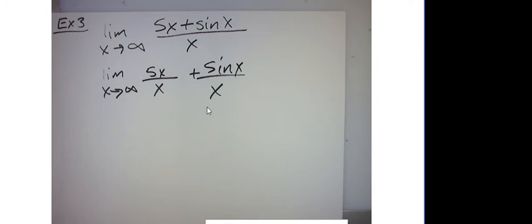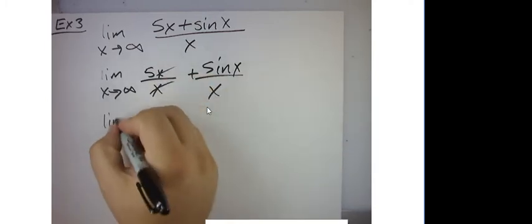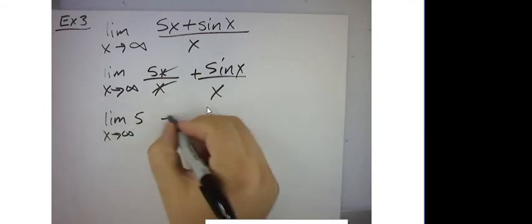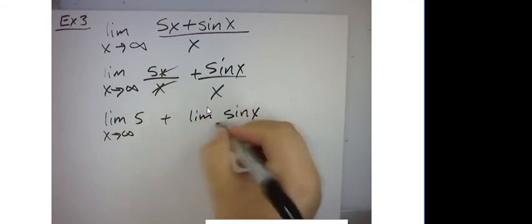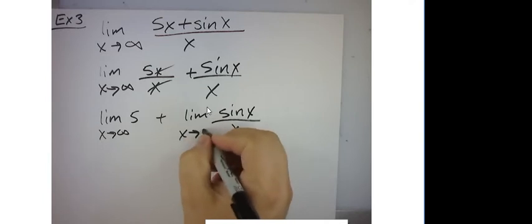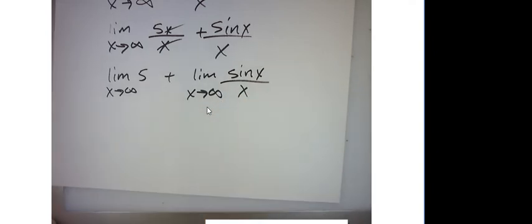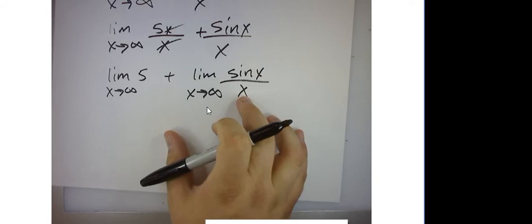Well, over here, this reduces to 5, so I've got the limit of 5 as x approaches infinity, plus the limit of sine of x over x as x approaches infinity. And this one I think we did yesterday. What's the limit of this as it approaches infinity? 0, right? Because this is just going to be 1 and negative 1 over infinity, which is 0.